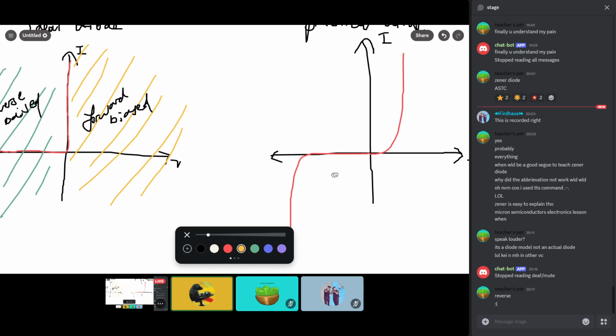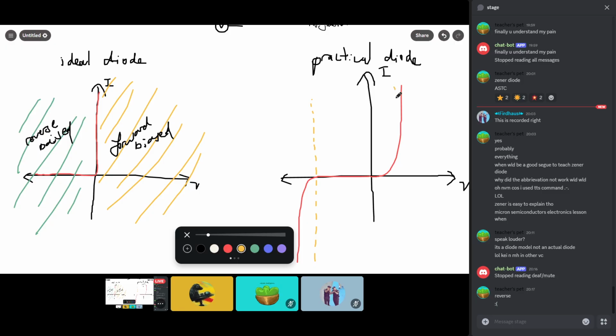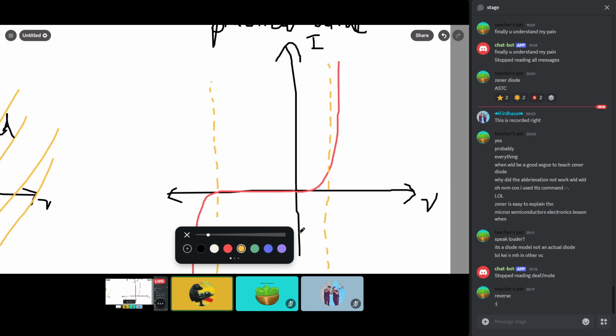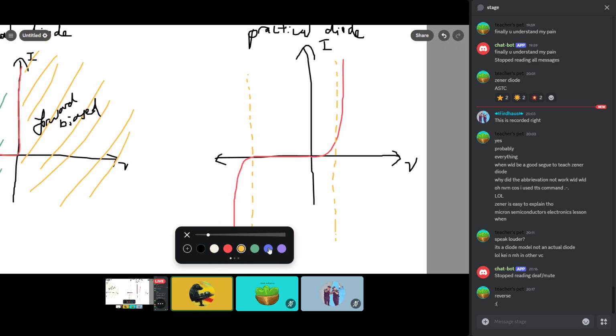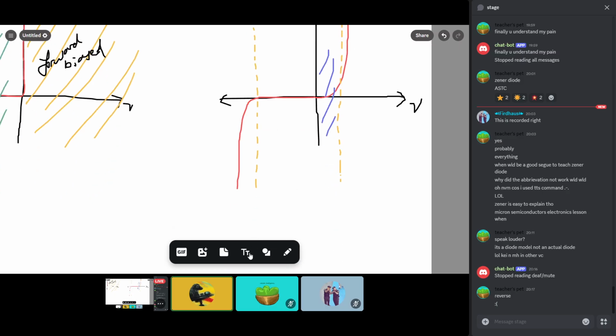So I've been just naming things around without actually saying the names of them. So I'll tell you what the names are. Just like describing forward bias, reverse bias, we can actually name some of the regions here. For instance, this area here is called, okay, I'm running out of space.